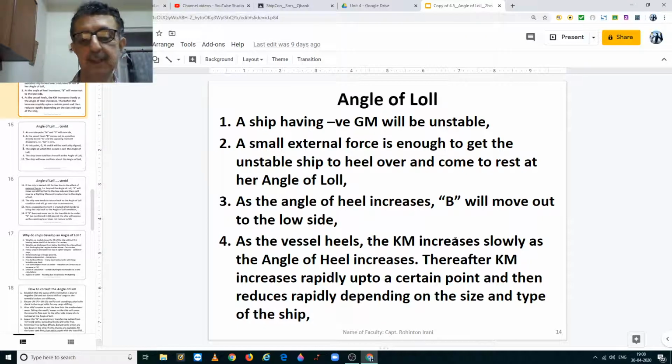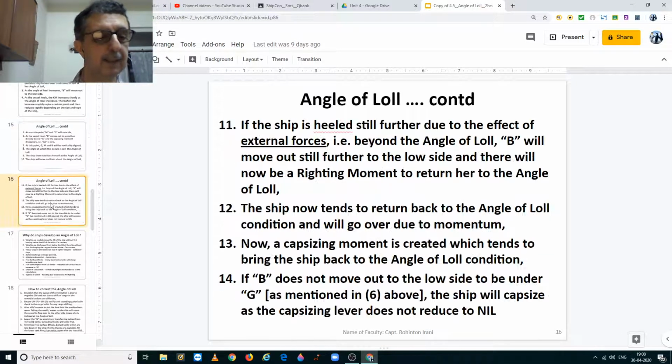As the vessel heels, the KM increases slowly as the angle of heel increases. We have seen that graph a couple of slides earlier. Thereafter, KM increases rapidly up to a certain point and then reduces rapidly depending on the size and type of the ship. So if you go through this, I have already explained to you, and we will go to the slide thereafter.